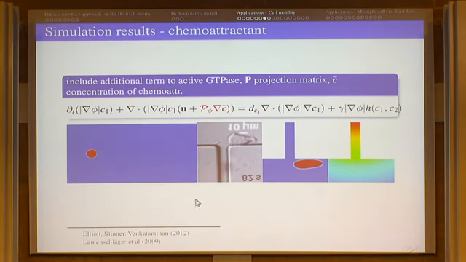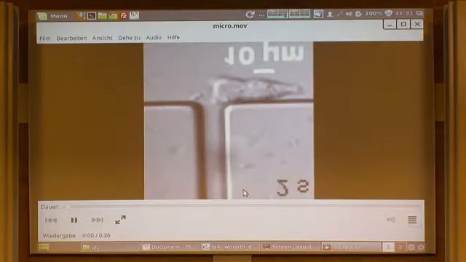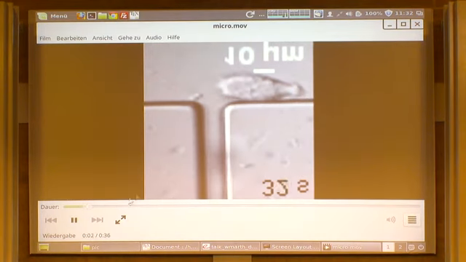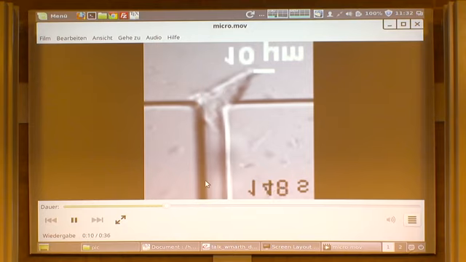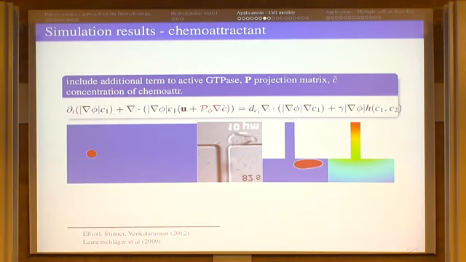And of course, this is what we found in an experiment. So this is a microtube, and within this microtube there's a gradient of these chemoattractants, and we see here that this cell tries to follow this gradient and moves into the microtube. Yeah, and we wanted to show this with our model.